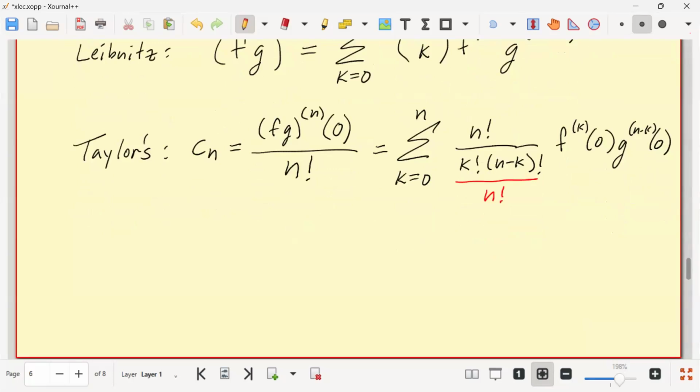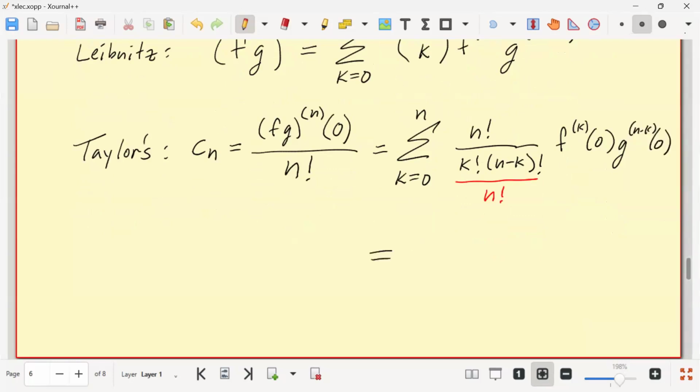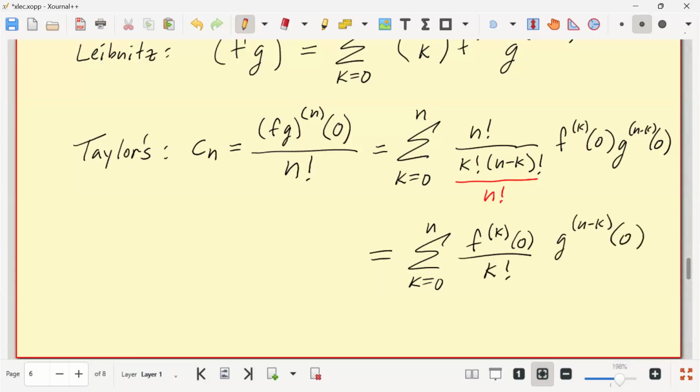And then you realize, aha, when I cancel out that n factorial, this is just the kth derivative of f at 0, and I'll distribute the k factorial under that one, and then I'll put the (n minus k) factorial under this one.